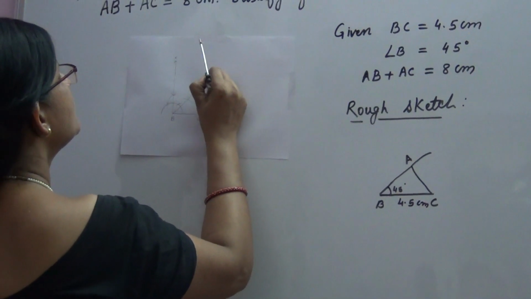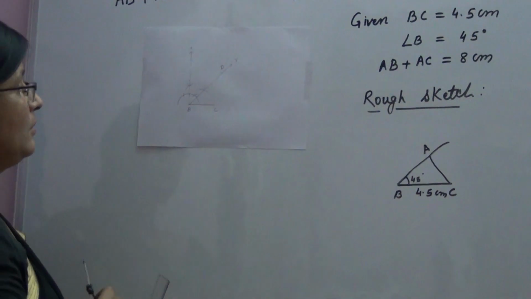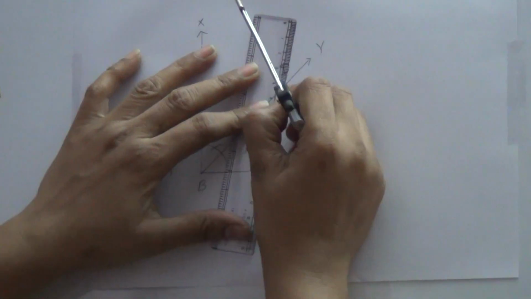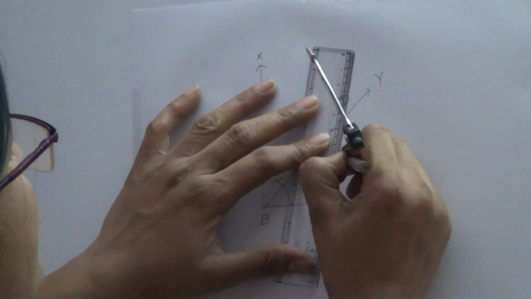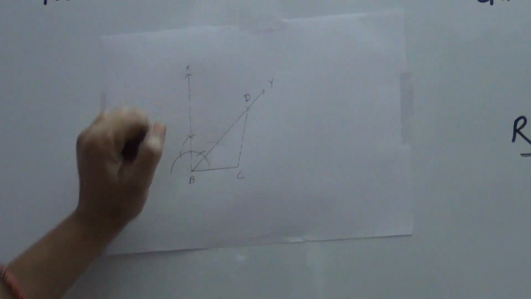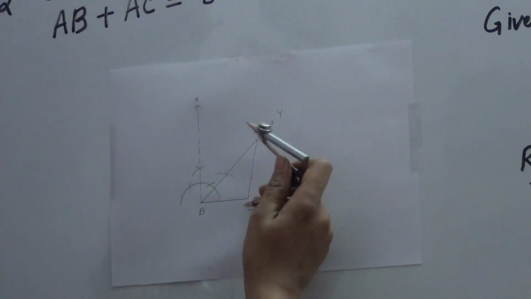We join DC. Now this DC is also not the main side of the triangle, so we need to join this also by dotted lines. This dotted line we have to bisect, or we can say that we have to draw the perpendicular bisector of this line CD.